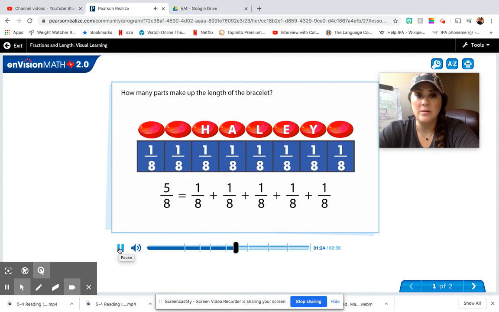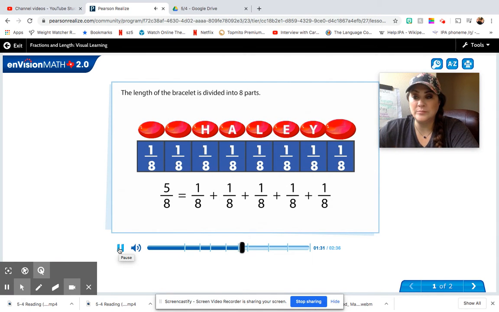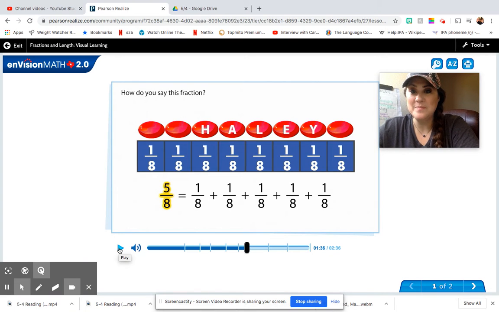How many parts make up the length of the bracelet? Well, we just discussed this. We have 8 equal parts, which is why that denominator is 8. The length of the bracelet is divided into 8 parts. How do you say this fraction? Do you guys remember what I've been saying? 5/8.